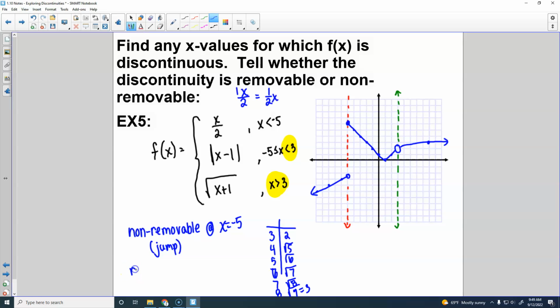And then we would have a removable discontinuity at x equals 3. If we had an "or equal to" with one of those, where we did have an open circle filled in by a closed circle, you wouldn't have a discontinuity at all at that point.